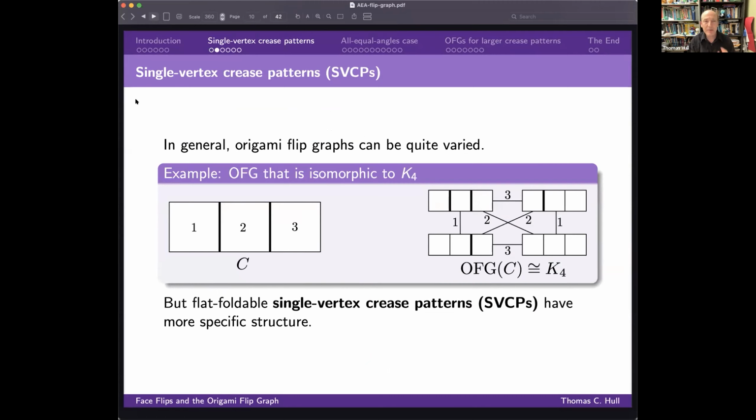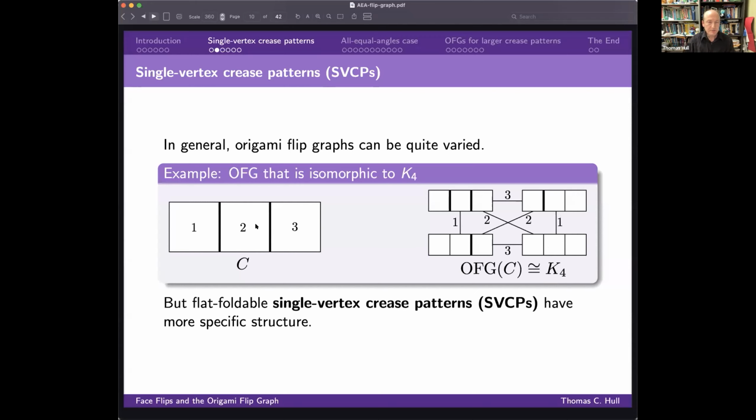with something, because origami flip graphs can have a lot of variety. So this is just a simple example. Imagine a piece of paper that's a rectangle with just 2 vertical creases like this, where faces 1, 2, 3 are squares. The origami flip graph for this is actually the graph K4, the complete graph on 4 vertices. And that's because you can flip any of the faces, and this will still be foldable.